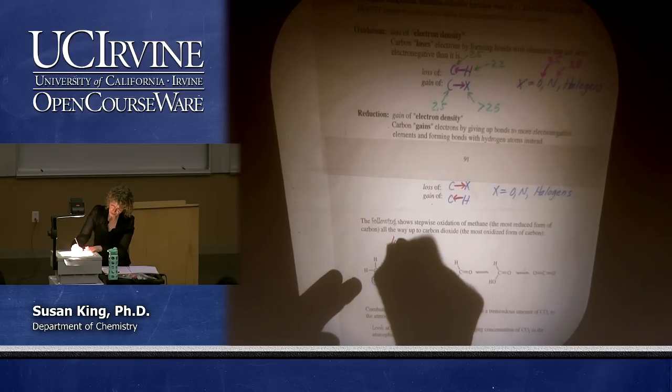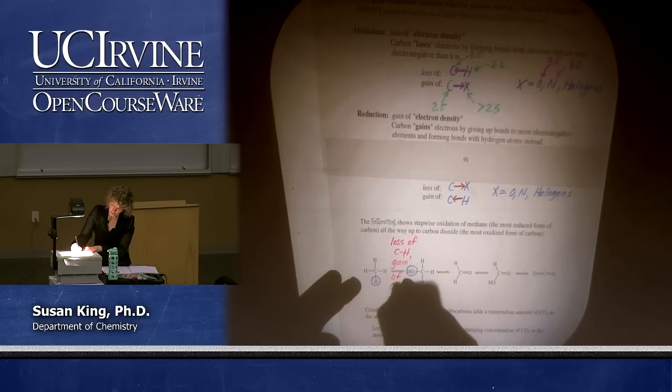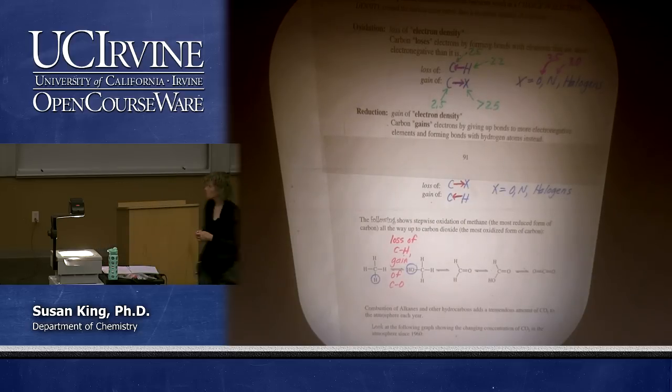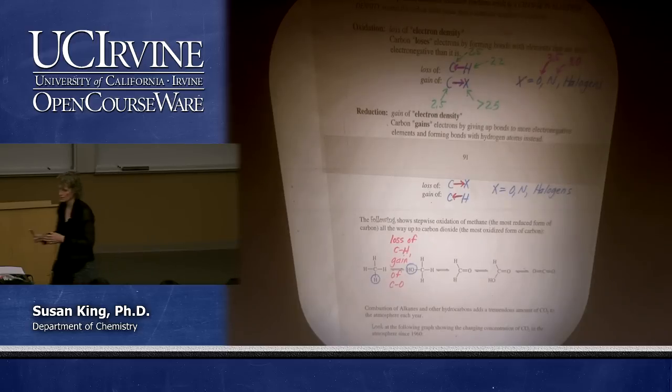So we want to have both of those things. Loss of carbon hydrogen, gain of carbon oxygen. And let's follow this all the way across. Well, we won't follow this all the way across because it's 950, but try to do this on your own. Every time we go to the right, we lose a hydrogen and gain a carbon oxygen. So we'll continue this next time.